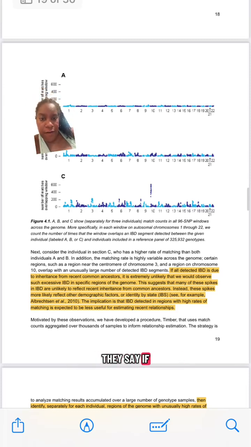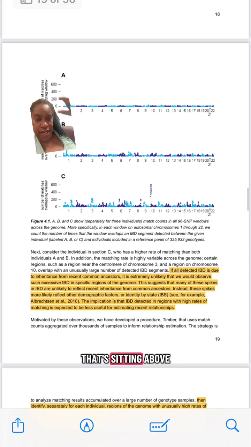They say, "If all detected IBD is due to inheritance from recent common ancestors, it is extremely unlikely that we would observe such excessive IBD at specific regions of the genome." So what they're talking about is, if you can see right there, where the algorithm is plotting out and looking at a baseline, and then you see that little purplish cluster that's sitting above the bottom part, that's what they would consider excessive IBD.